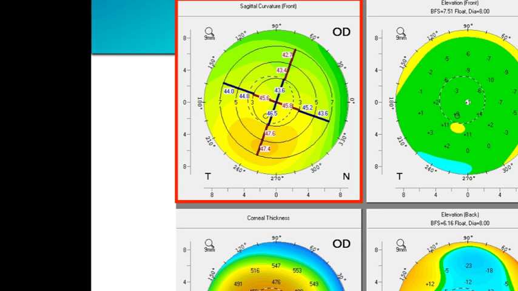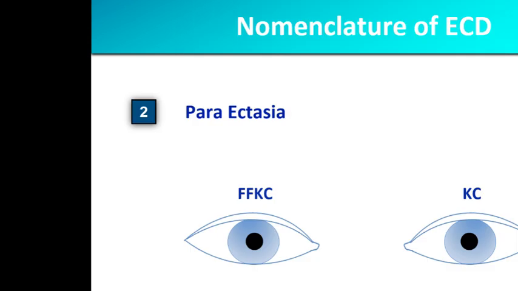But if one eye has keratoconus, frank keratoconus, and the other eye has the previous pathology that I told you about, it is called form frost keratoconus. Okay? So here we will see abnormal anterior curvature, but normal posterior elevation.